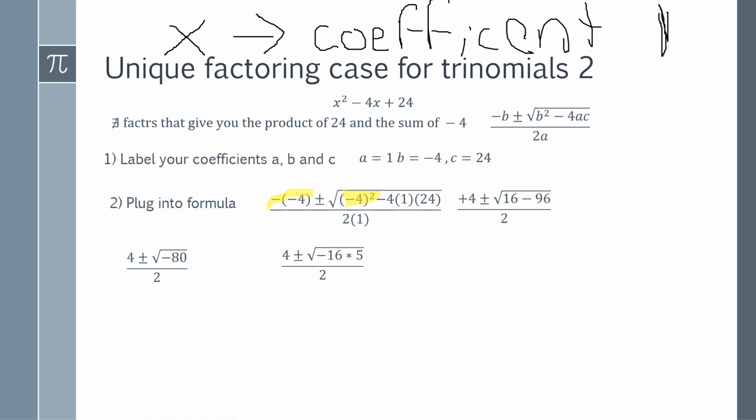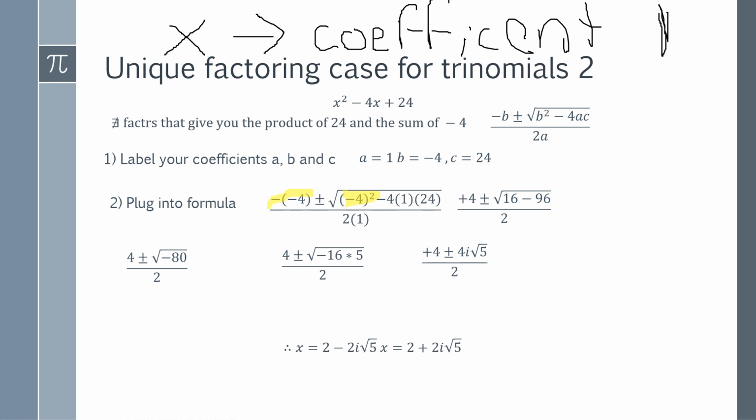No, you can never have a negative number in the square root. But we know 16 is the perfect square of 4. So that -16 you're going to pull out is going to be 4i. The 5 is going to stay inside the square root. It's going to be 4 plus or minus 4i square root of 5, over 2.